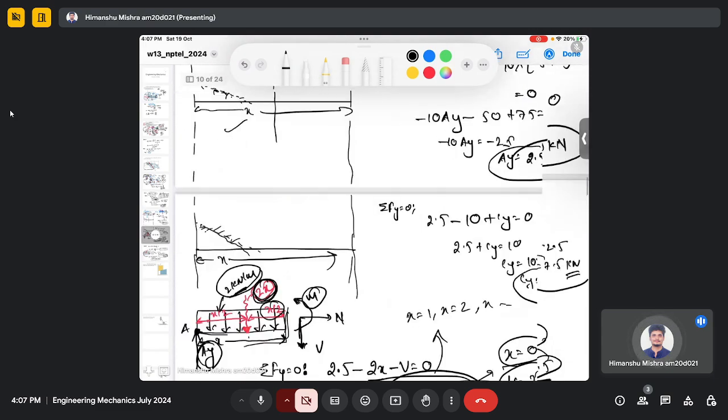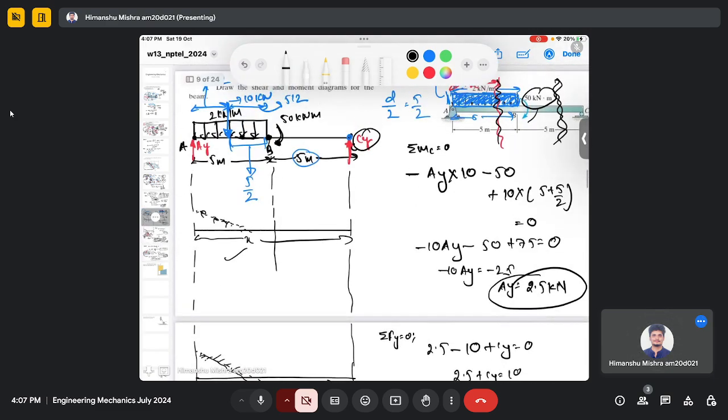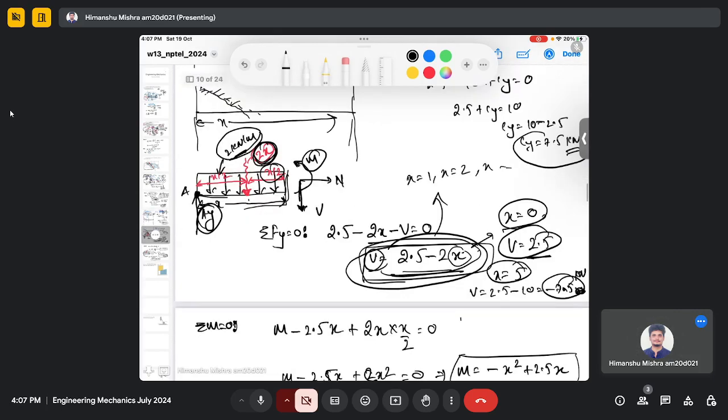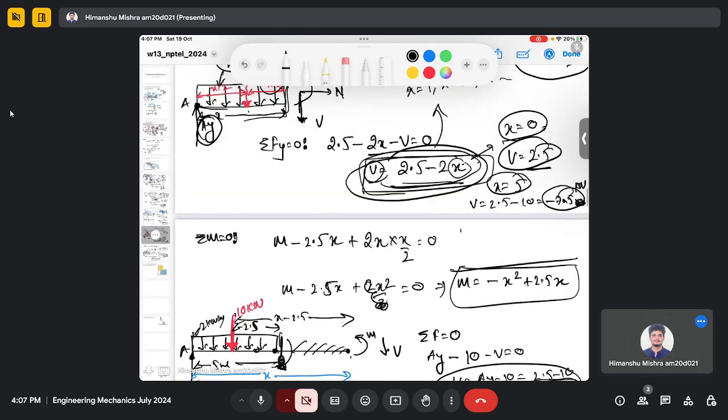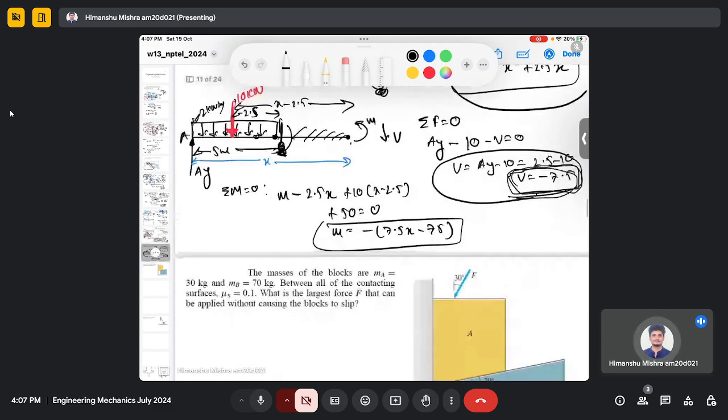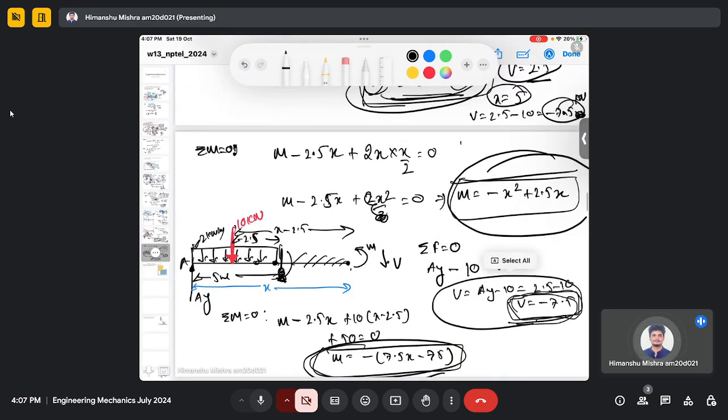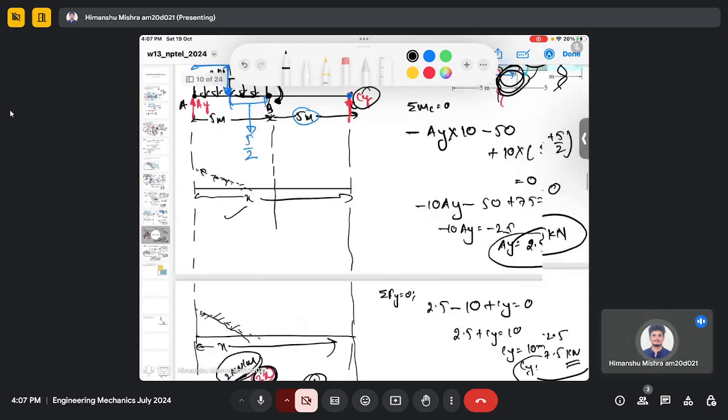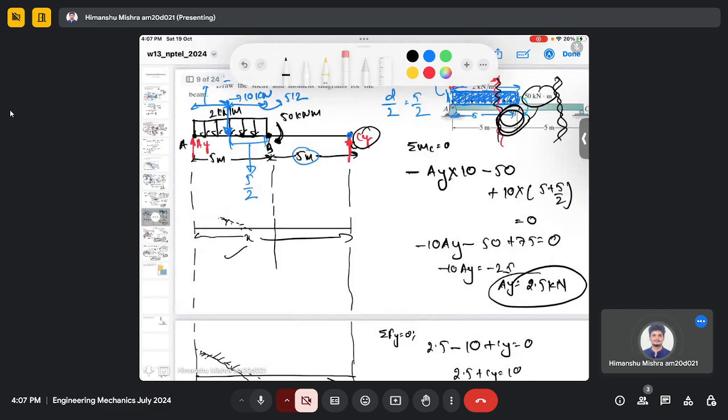So inside, until point B, it will obey this relation, and beyond point B it will obey this relation. Based on the relations we have obtained, now you can draw the bending moment diagram and shear force diagram.